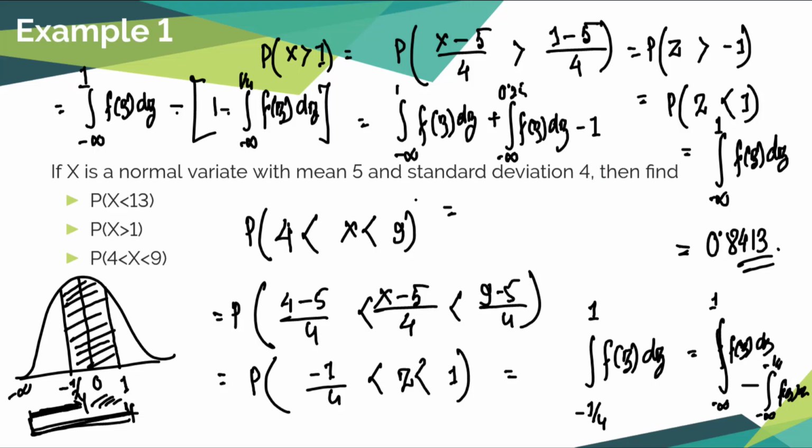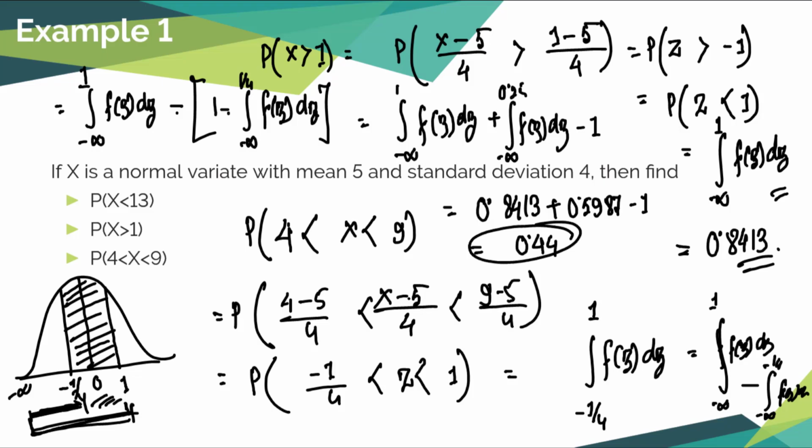Now the integration from minus infinity to 1 of f(z) dz is 0.8413, that we have already found out, plus the integration from minus infinity to 0.25, which we can get from the standard normal table, is 0.5987, minus 1. This gives us 0.44. So the probability of the random variable x lying between 4 and 9 is 0.44.